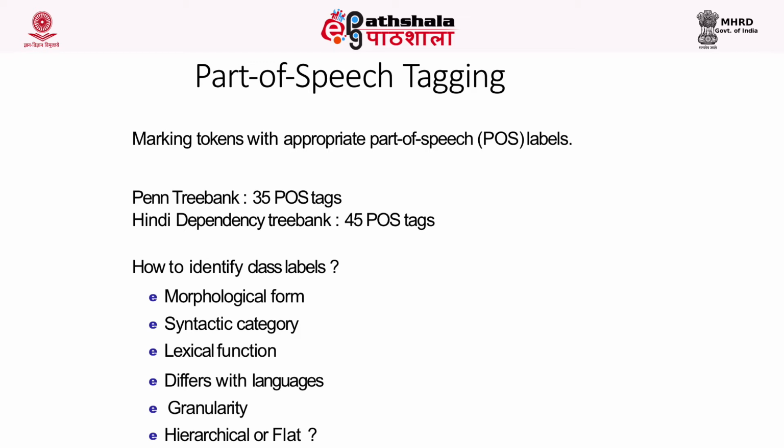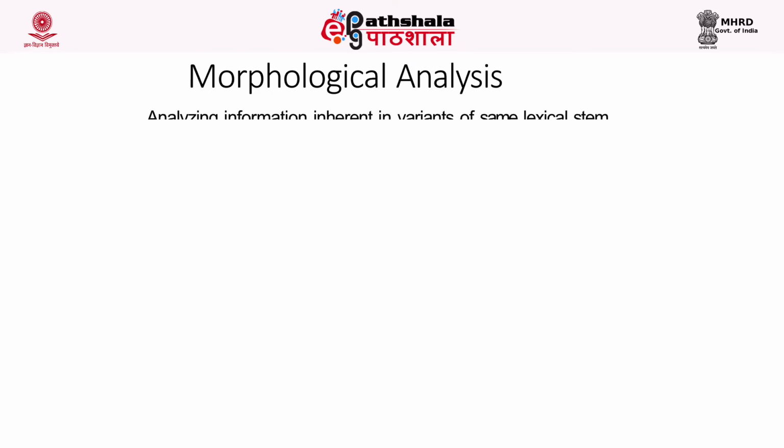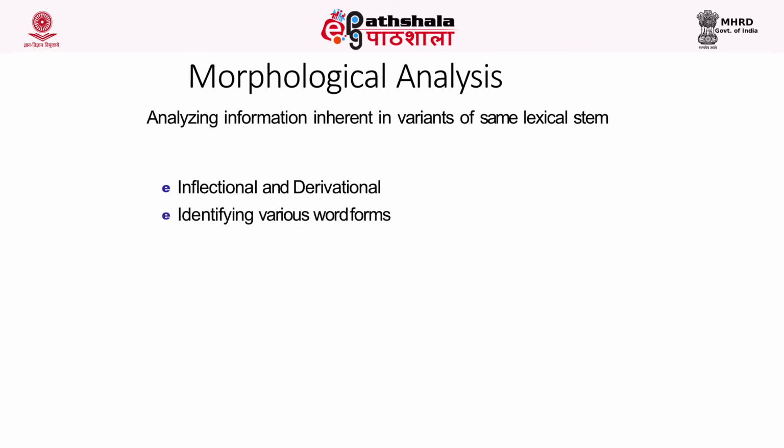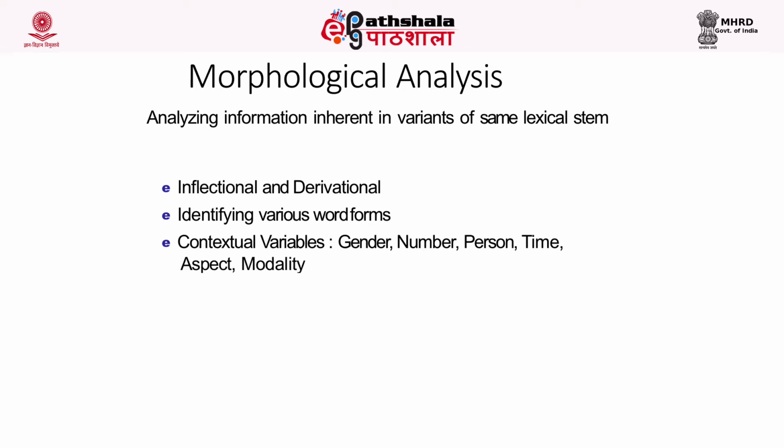The next step in the analysis is morphological analysis. In morph analysis, one analyzes the inherent invariance of the same lexical stem. And as is known, morphological analysis can be inflectional or derivational.